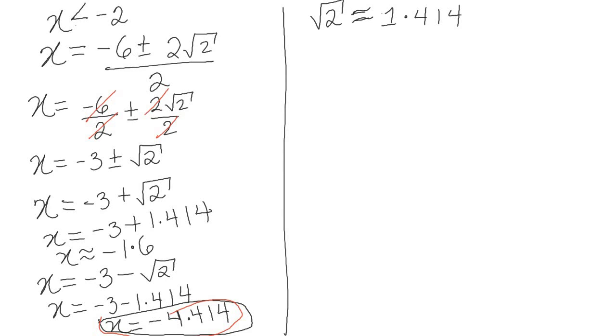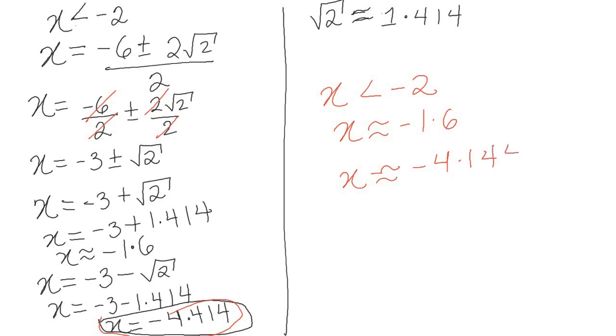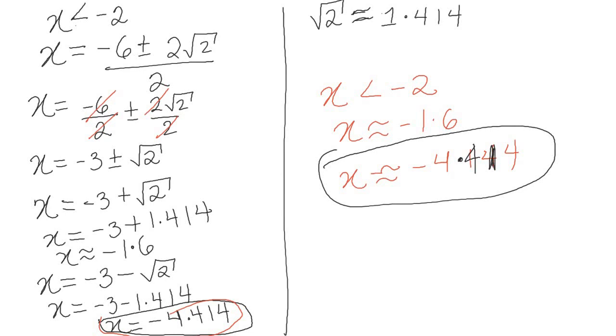But the value of approximately -1.6, in this particular case, we're looking for x less than -2. So the value of x approximately -1.6, and then the other one, x approximately -4.414, this is the answer. So this is how you solve it, because this one fits the case that we're solving for.